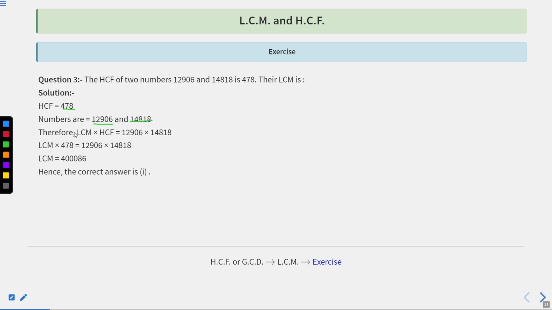Therefore LCM into HCF is equal to 12906 into 14818. So LCM into 478 equals the product of the two numbers. So LCM will be 400,086. So the correct option here is option number 1.